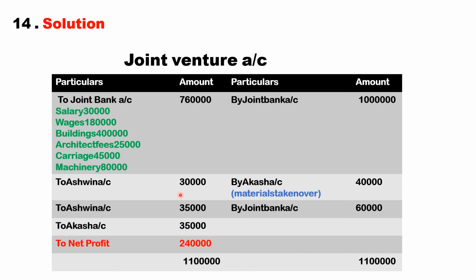Salary payable to Ashwin is 30,000. It's an expense, so it comes in debit side. Next to Ashwin, 35,000. This is the material supplied by Ashwin. That means purchase of material by Ashwin, 35,000. Next to Akash, Akash has supplied materials 35,000. Therefore, you get a net profit of 2,40,000.